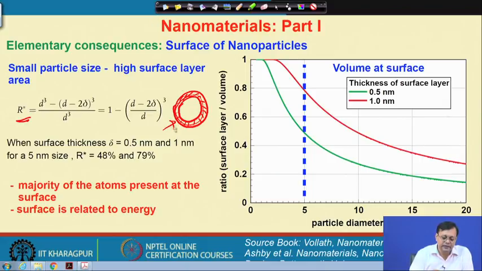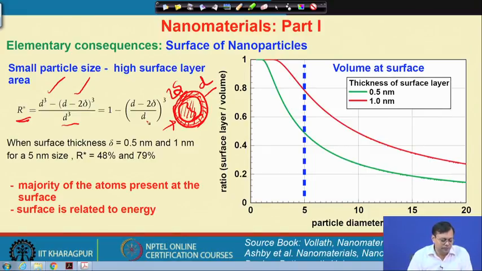Let us say d is the particle size and the thickness is delta. So I have to reduce by 2 delta, and d cubed minus d minus 2 delta cubed is basically the volume of the shell, divided by d cubed. So it will be 1 minus (d minus 2 delta) by d, all cubed.